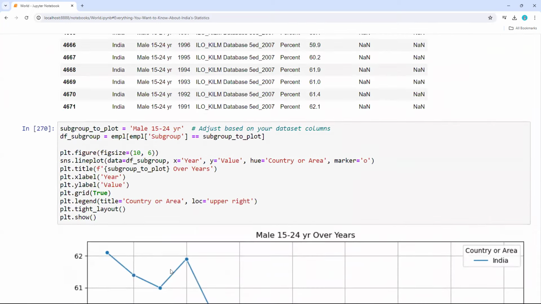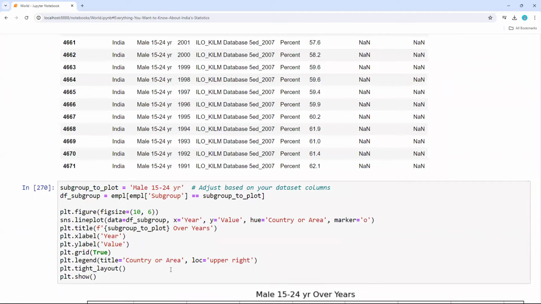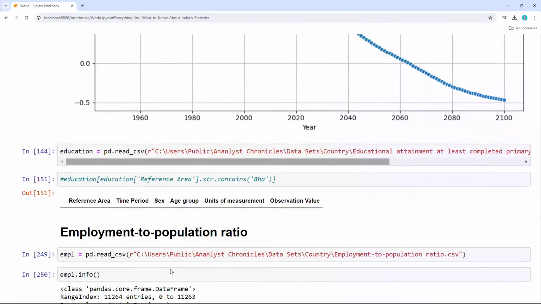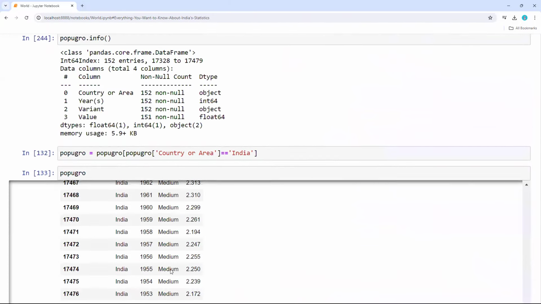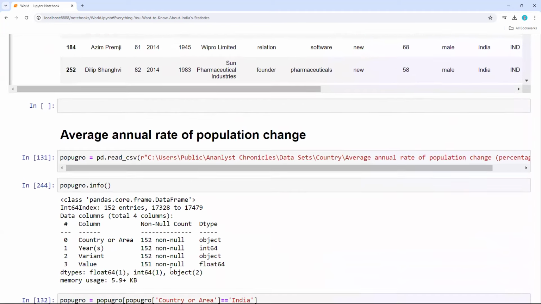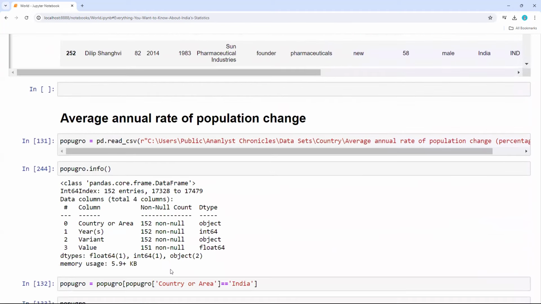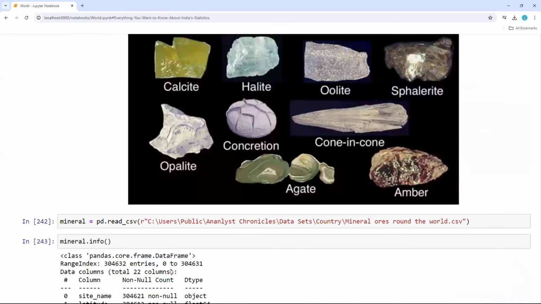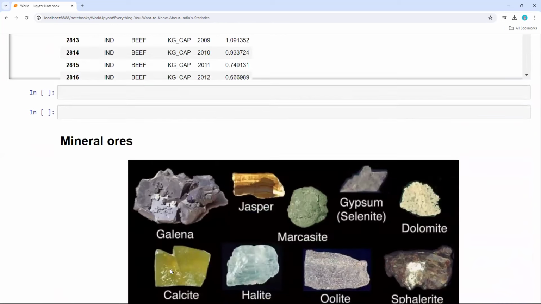And also, we looked at the unemployment data in India, and the annual rate of population change, how the population growth has been decreasing from 2% year on year. We also looked at the billionaires in India, and at mineral ores with the location of each ore and what kinds of minerals we are extracting in India.